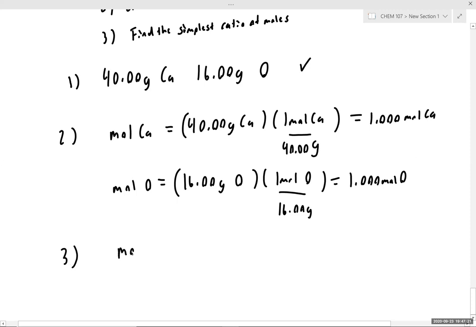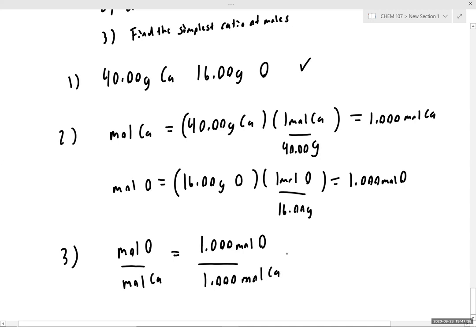So now for step 3, we're looking at the ratio and the simplest ratio of the moles of each element. So we take the moles of oxygen over the moles of calcium, and that gives us 1.000 moles of oxygen over 1.000 moles of calcium, which we can think of as 1 mole of oxygen per 1 mole of calcium.